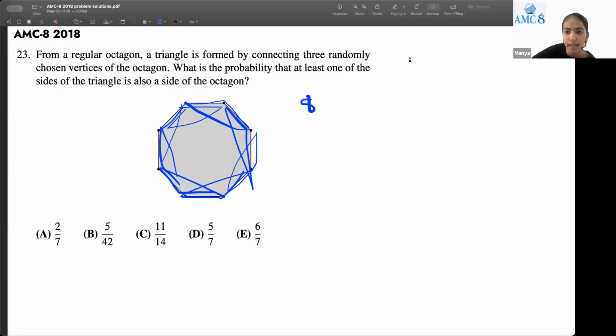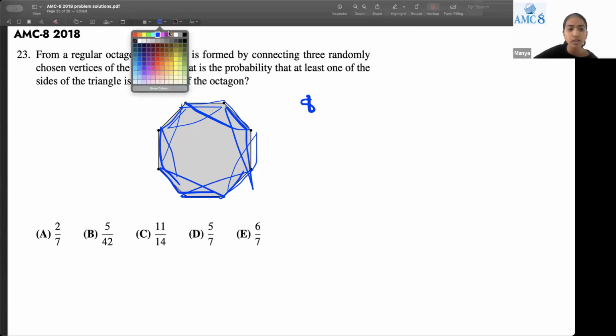And since there's 8 sides, we'll suppose that there's 2 of the sides touching the octagon, and then we need the other side, where should the other side go?